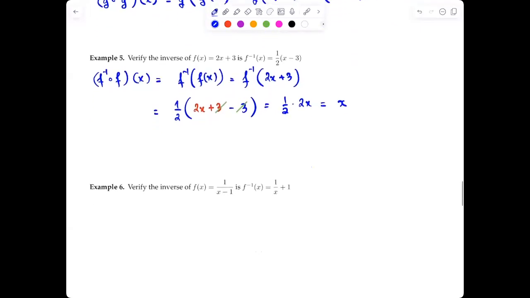Then we're going to move on to the second cancellation property: f composed with f inverse of x, or f of f inverse of x. So f inverse is 1/2 times x minus 3.